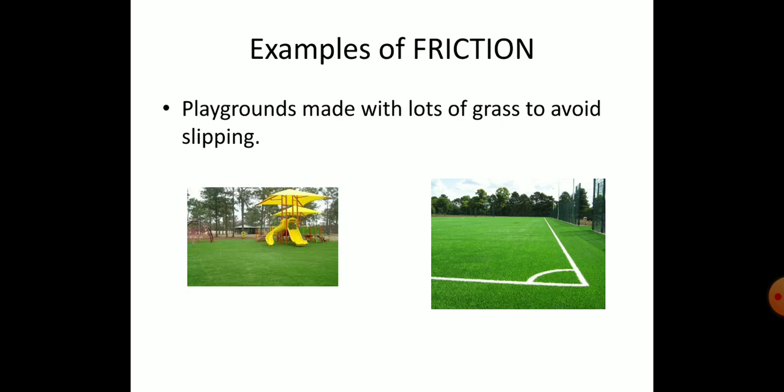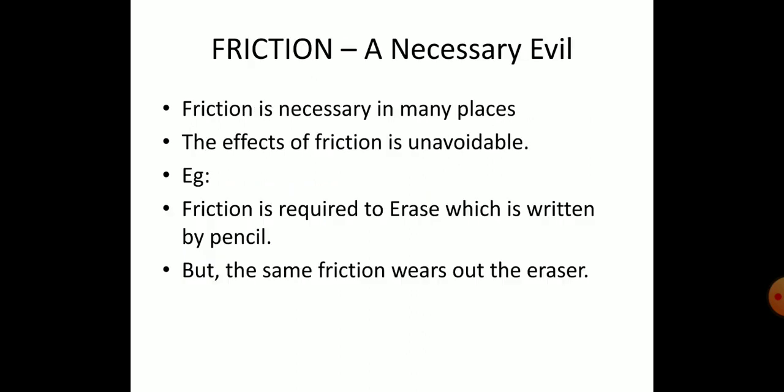Then we have playgrounds with lots of grass instead of mud or gravel because it will avoid slipping. When the children are playing on the grass, it will avoid slipping, and also avoid damage to the children when they fall down. So the grounds have lots of grass mainly to avoid slipping.